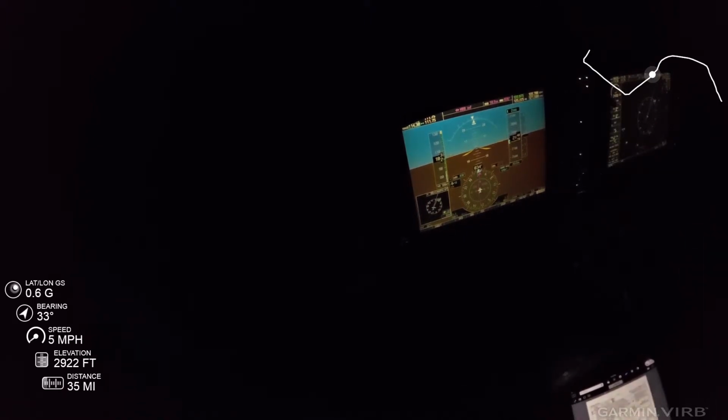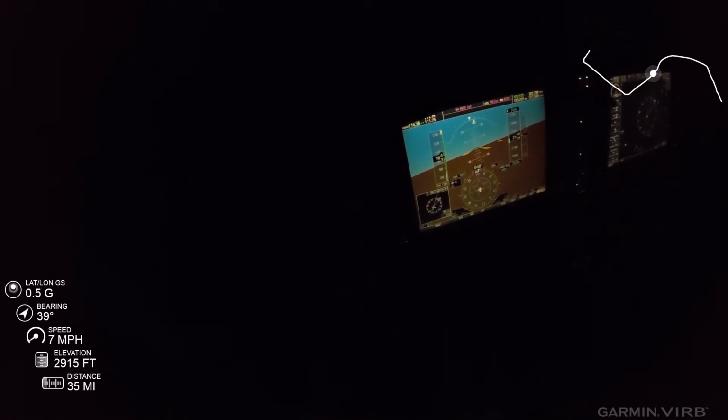Leesburg Executive Airport. Automated weather observation. 0138 Zulu. Weather. Wind 200 at 5. Visibility 10. Clear below 12,000. Temperature 24 Celsius. Dew point 19. Altimeter 29.91. Remarks. Density altitude.